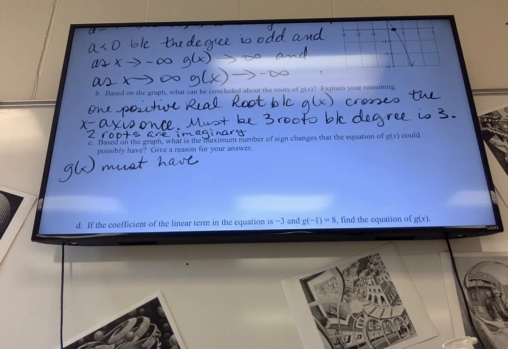Does that mean it could only have one sign change? It could, but it could be more, by a multiple of 2 more. Now, it can't be more than the degree. So g of x could have 3 or 1 sign changes.